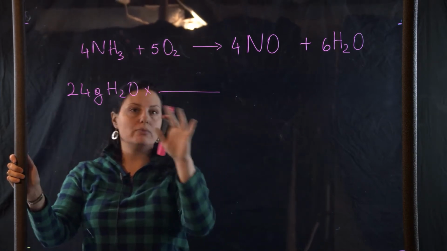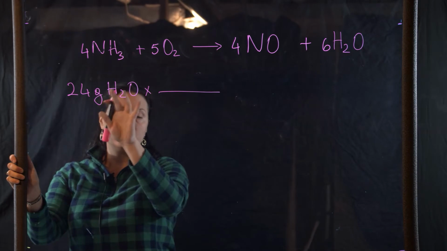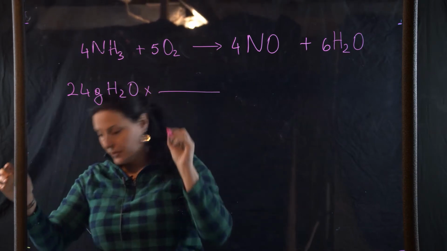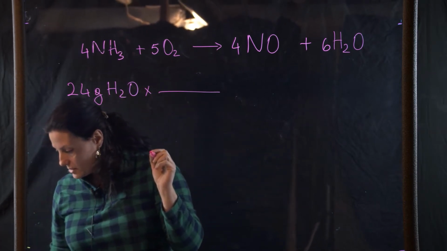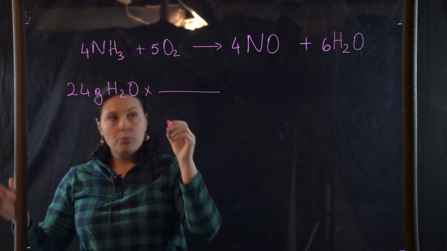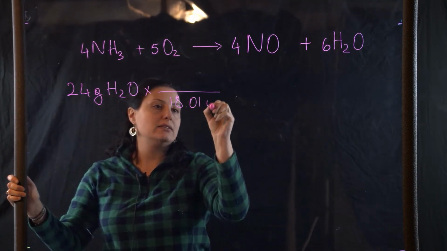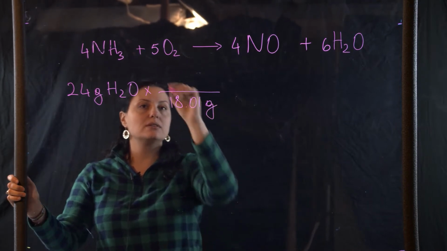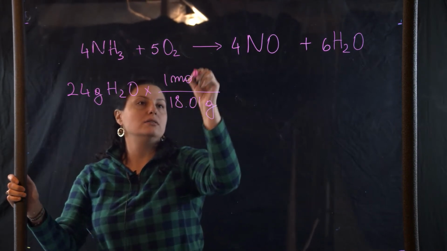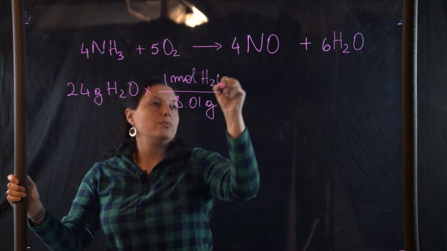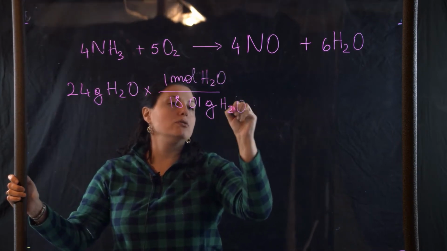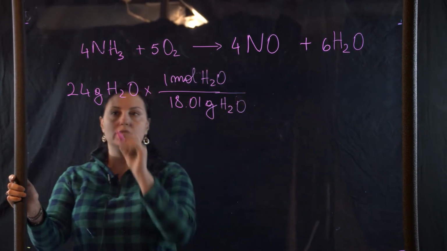However, I want to write this in such a way to get rid of my grams. So if I use 18 grams per mole, I will write 18.01 grams of water for 1 mole. Okay, I know that 1 mole of water weighs 18.01 grams.